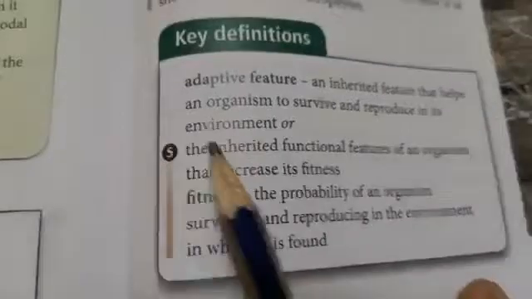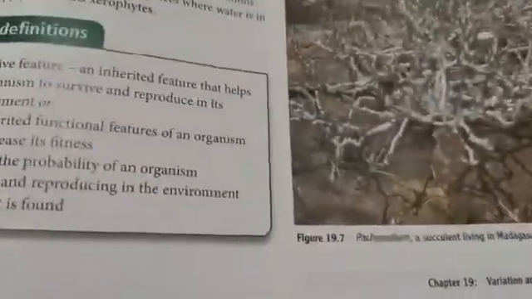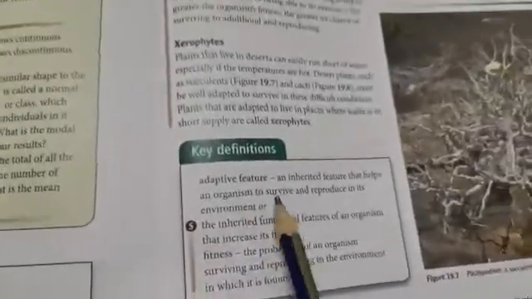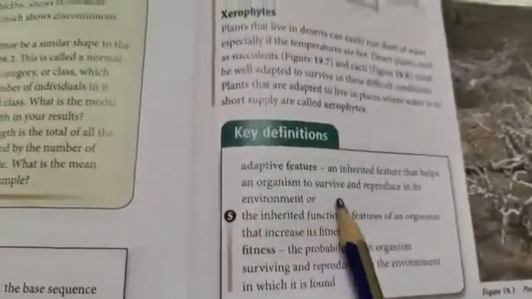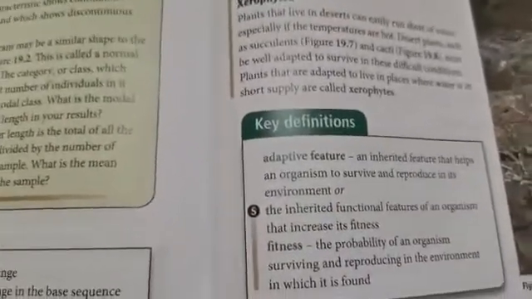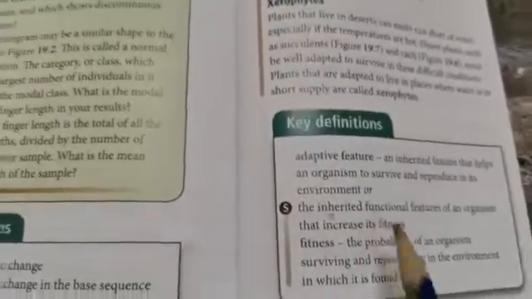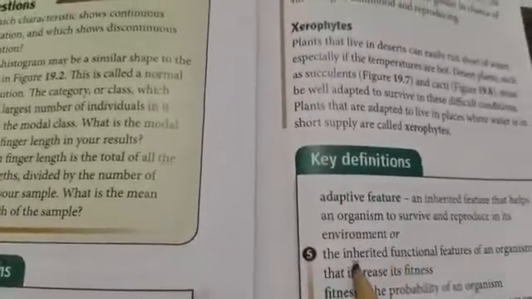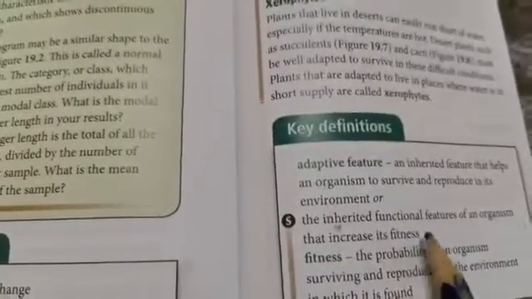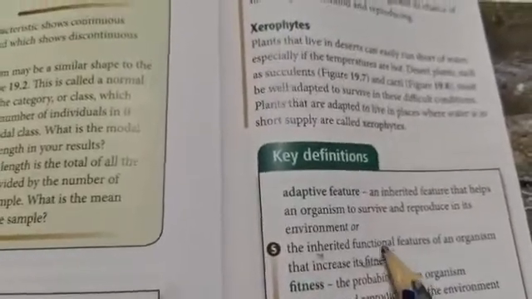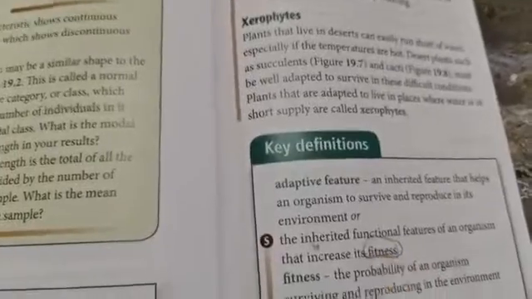If you look at the definition on page number 251, you can see the definition of adaptive features. What is an adaptive feature? An inherited feature that helps an organism to survive and reproduce in its environment. In another way, we can say it is the inherited functional features of an organism that increase its fitness. What do we mean by fitness?